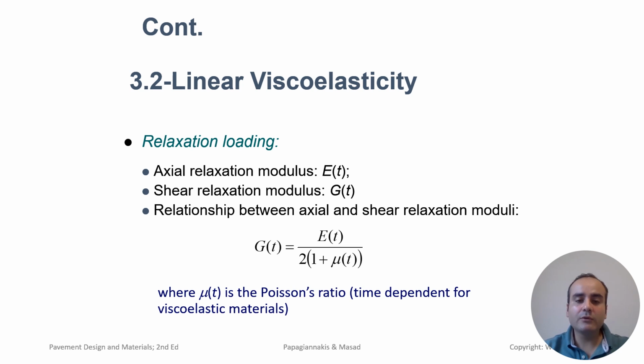This equation shows that the axial relaxation modulus depends on both the shear relaxation modulus and Poisson's ratio. If Poisson's ratio is small, which is common in highly incompressible materials, the relationship simplifies slightly, but the general concept remains that axial stiffness is directly influenced by the shear stiffness.